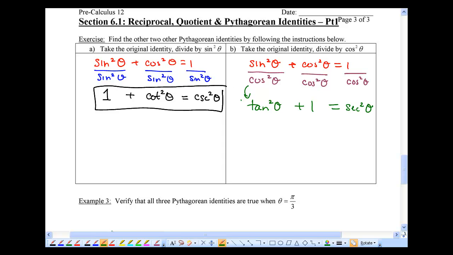And ladies and gentlemen, there you have it. The other two Pythagorean identities. One is 1 plus cotangent squared theta, and that gives you cosecant squared theta. The other one is 1 plus tangent squared theta, or tangent squared plus 1, and that equals secant squared theta.